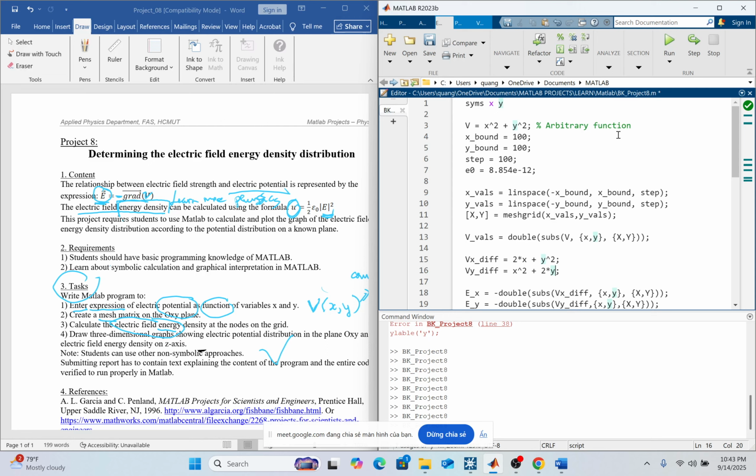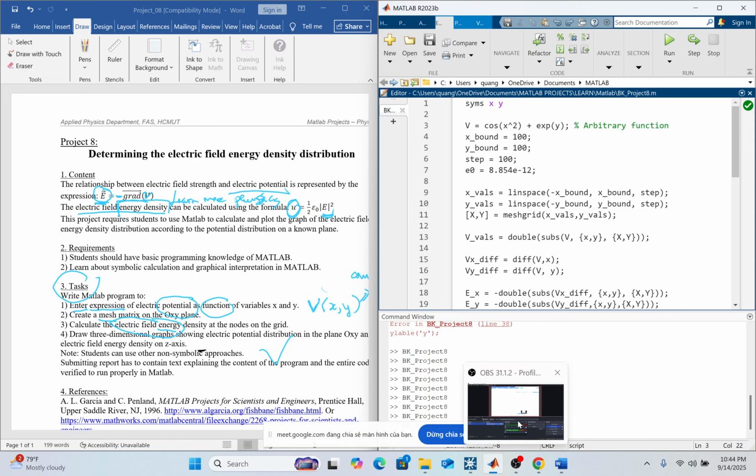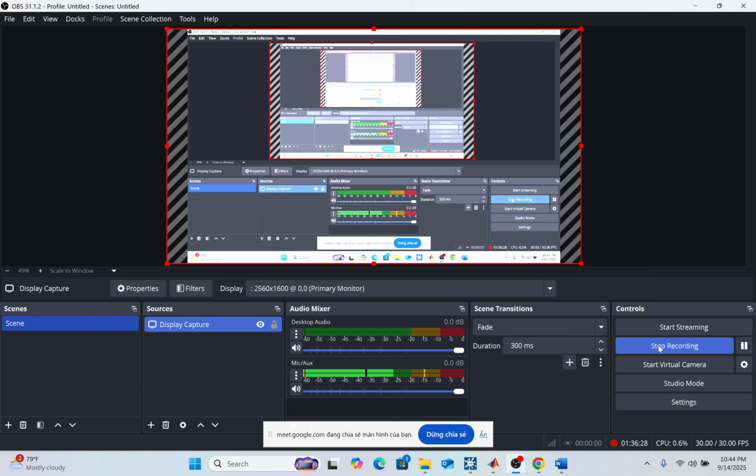This is not general, which means that if I change the initial function, this simulation will break down. So when you code, you have to keep in mind the generalization of your code, so that if you change the variable here, the whole code will change according to that.